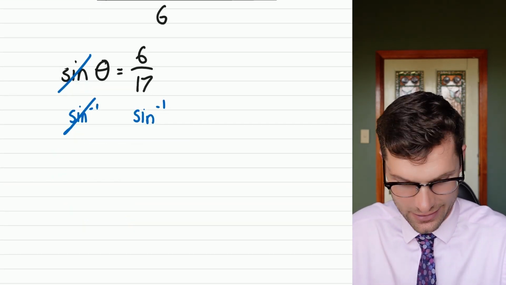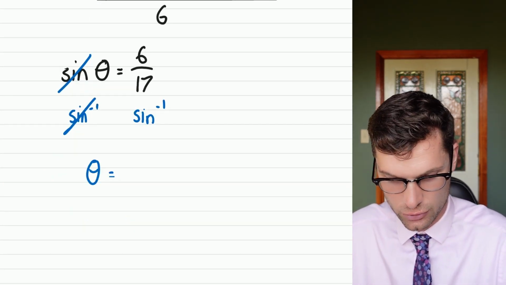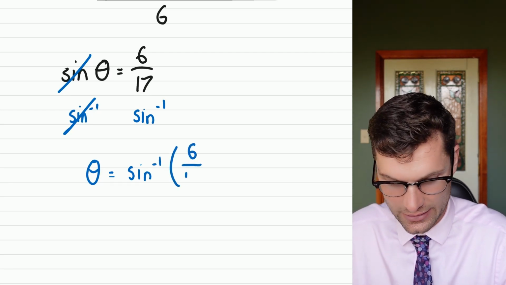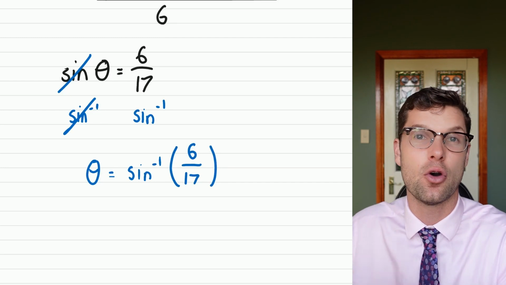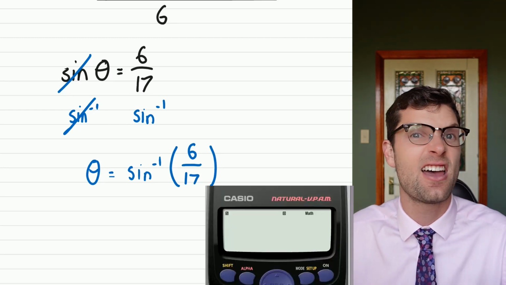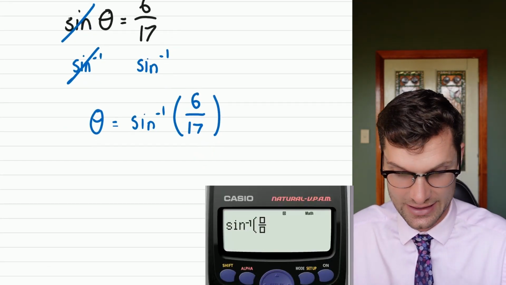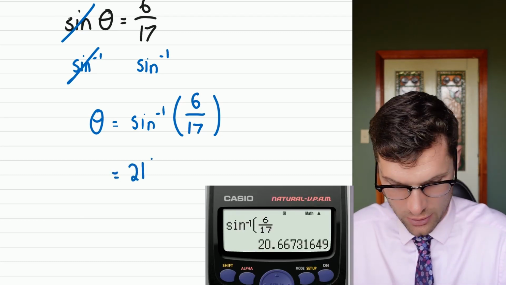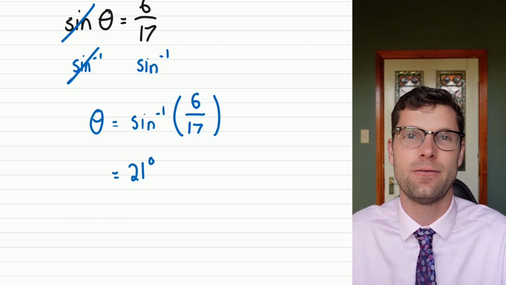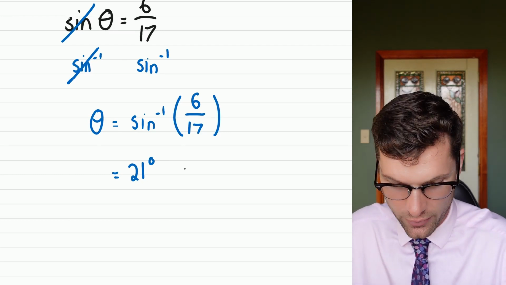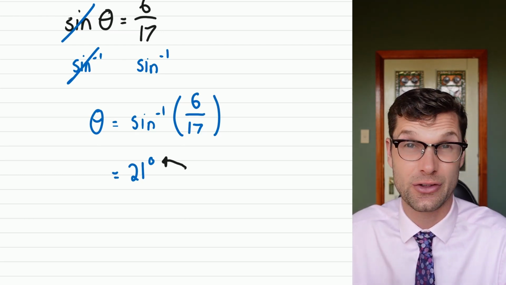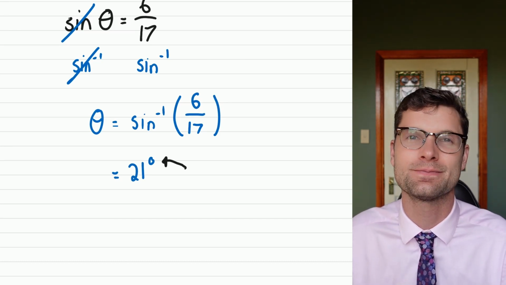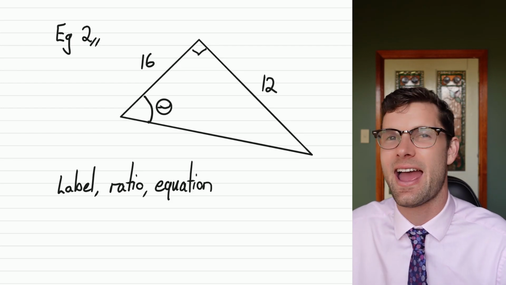What you've got to write out is that the angle is equal to sine -1, or the inverse of sine, brackets 6/17, or O over H. Type this into your calculator, exactly like that, and you'll get the answer of 21 degrees, and that's your final answer. It is important though that you do remember to put the degrees into your final answer, otherwise you might lose a mark.